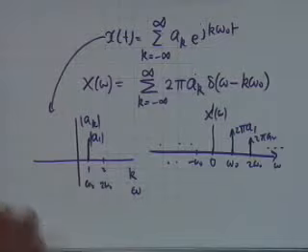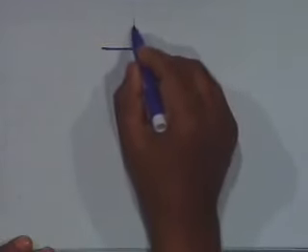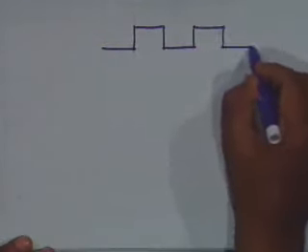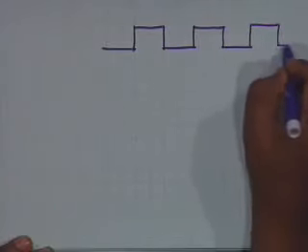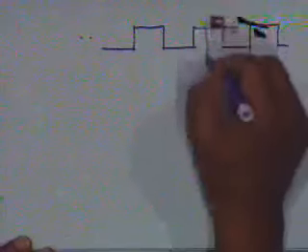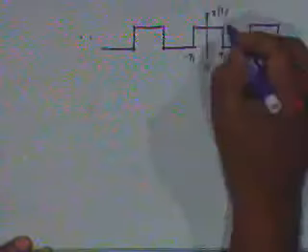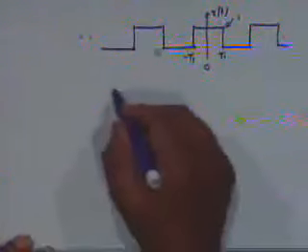Let's take a few examples. If you take the familiar rectangular wave function and you extend it periodically, this is 0, capital T1, minus T1, and this is x of t. Let's take the amplitude as 1. Then you know x of t is equal to summation, what is a_k?